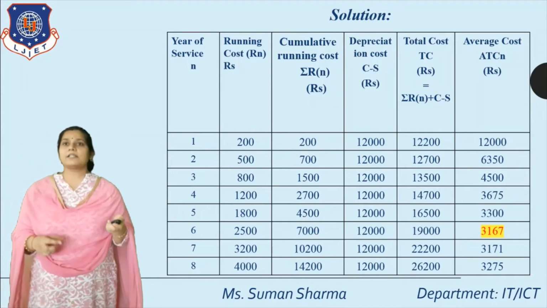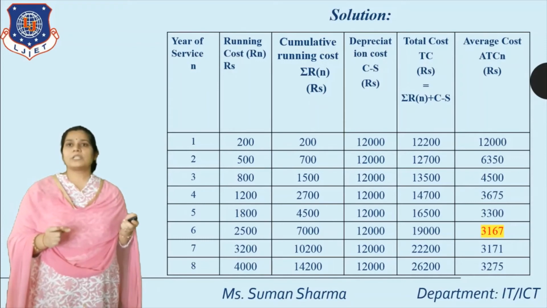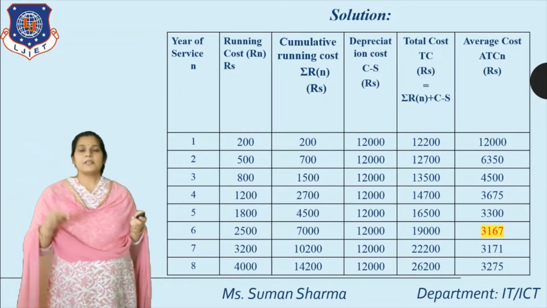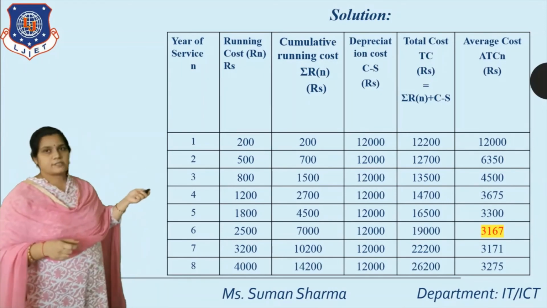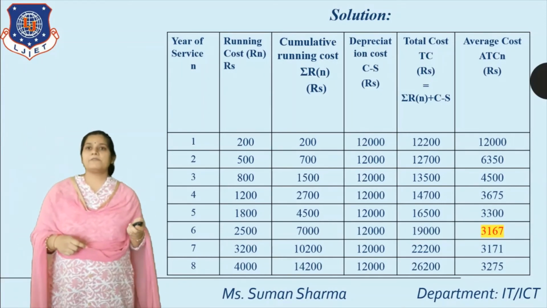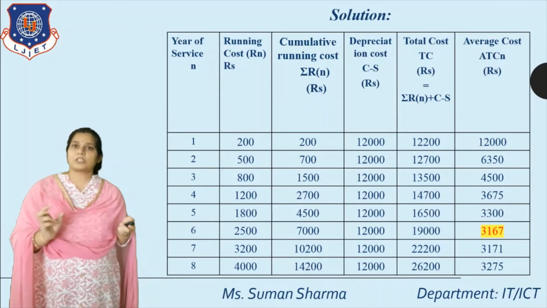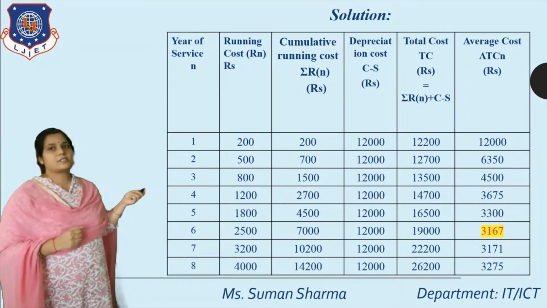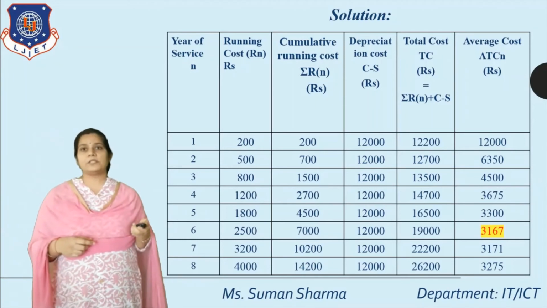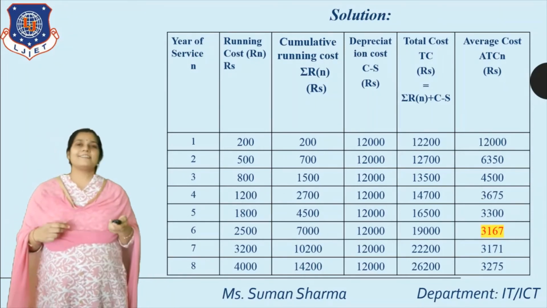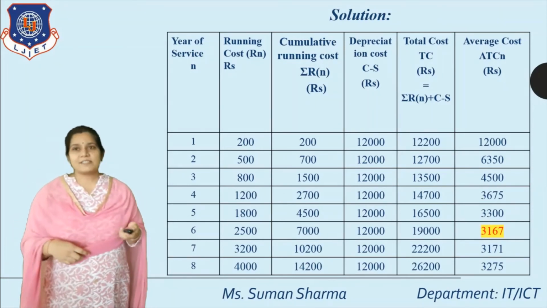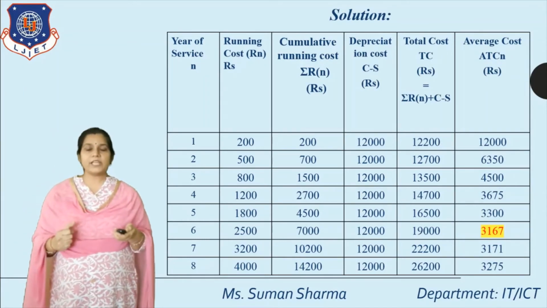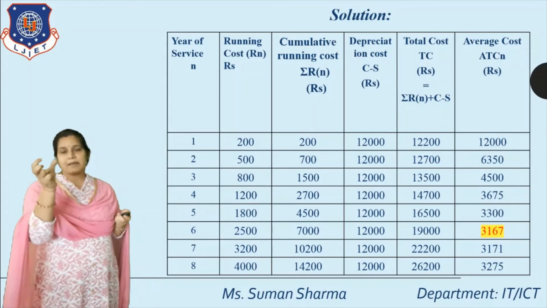First we write the year of service, that is 1, 2, 3, 4, 5, 6, 7, 8, as given in our question. According to these years, we write the running cost, that is 200, 500 up to 4,000. Got it? The next column is the cumulative running cost. What do we mean by cumulative running cost? You have already seen in the third semester, when we find the median, we use the cumulative frequency. The pattern is the same here.